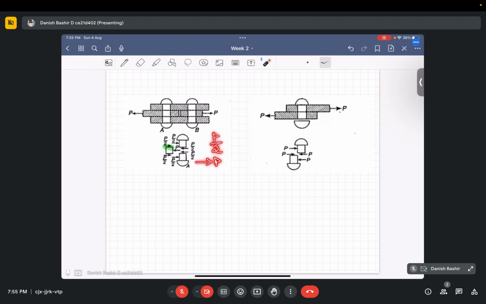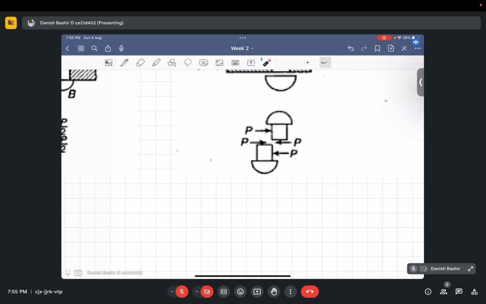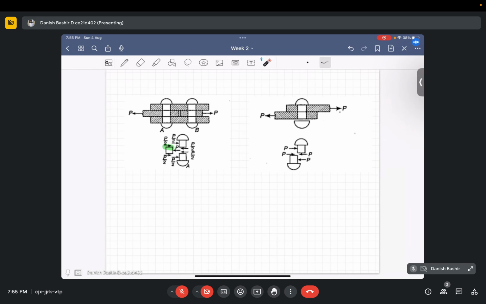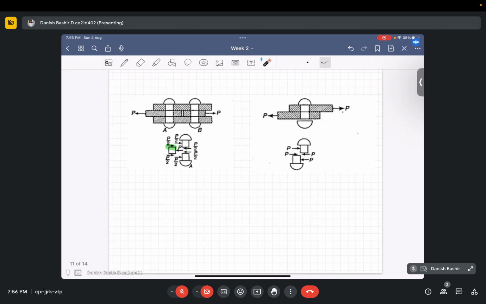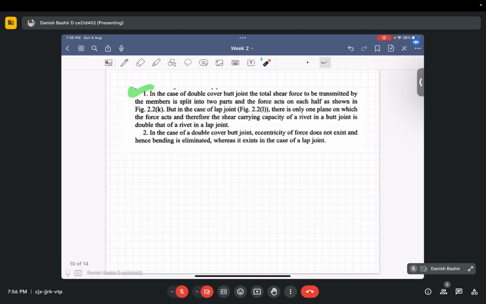But in case of a lap joint, there is a shear force of P on each side, like this is P and this is P. That is why butt joints are preferred over lap joints, because the shear force acting on a single rivet is half of the shear force that acts in a lap joint. This is written in this statement.